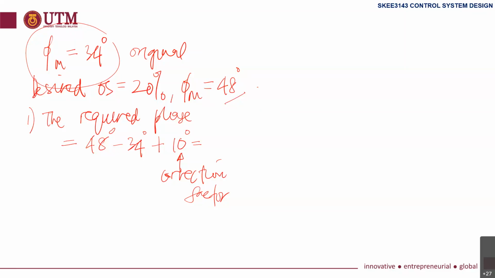If mentioned, then you have to use it. So here, that means we require 24 degrees of phase by using the lead compensator. We want to use lead to increase the phase margin.